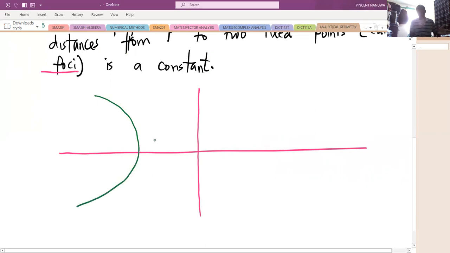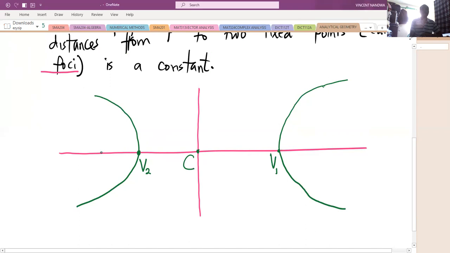One arm opens to the left, and another one opens to the right. This point we call the center, let this be C. These corners are called the vertices. We can call this one V2, and this one V1.